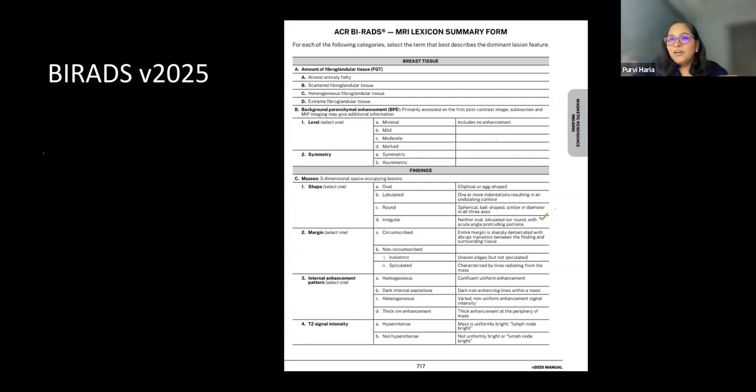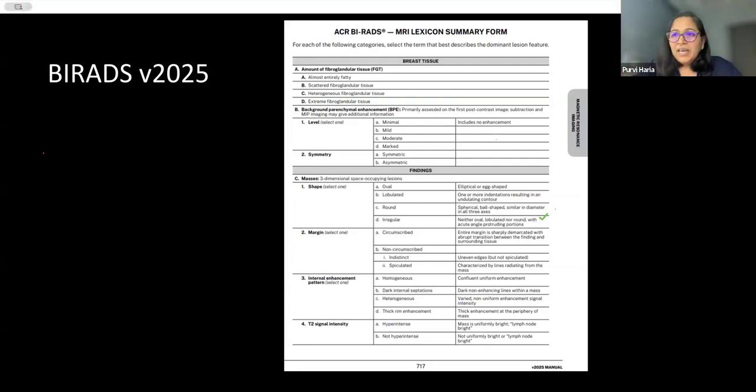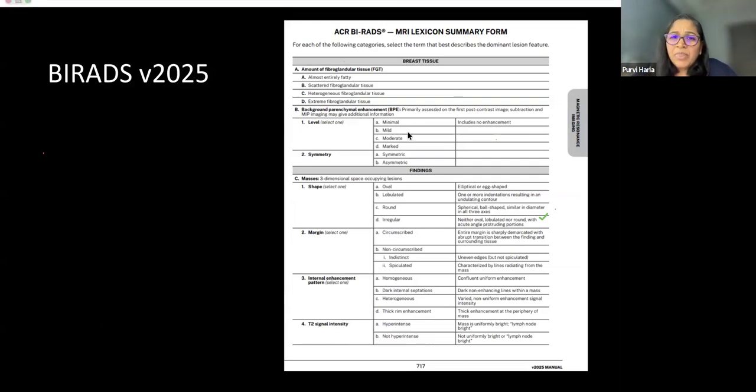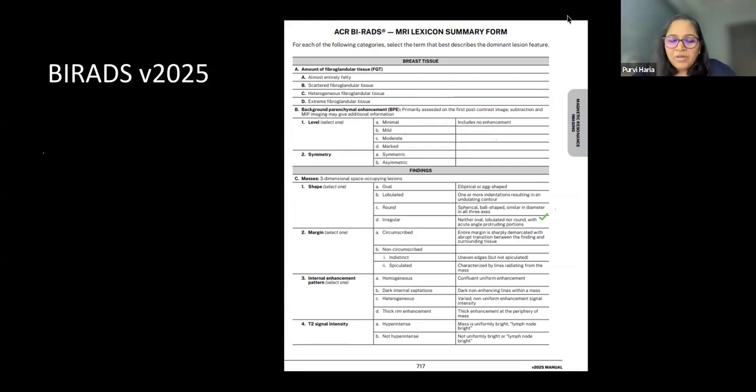With that, I discussed what sequences we have, what we see on those sequences, and how we see the scan. I thought I'll talk to you briefly about the newer BI-RADS, which came in from December 2025.